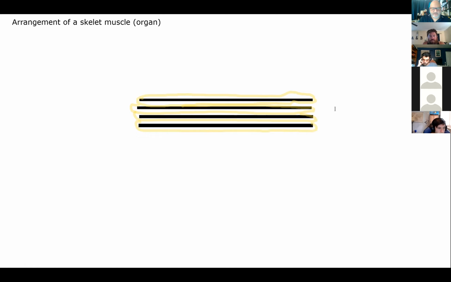So again, we have muscle cells, and those muscle cells are surrounded by areolar connective tissue. That, based on location, we call the endomysium.